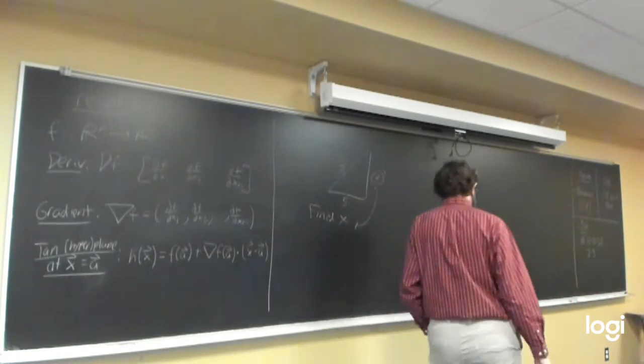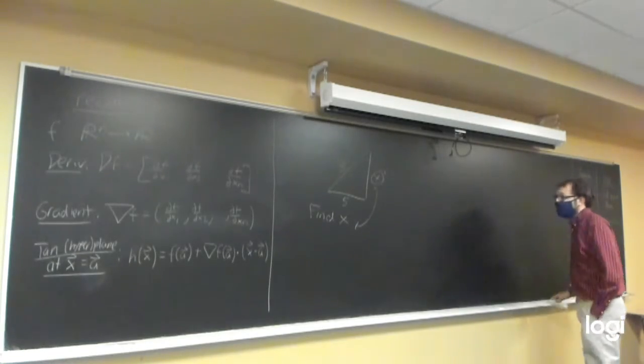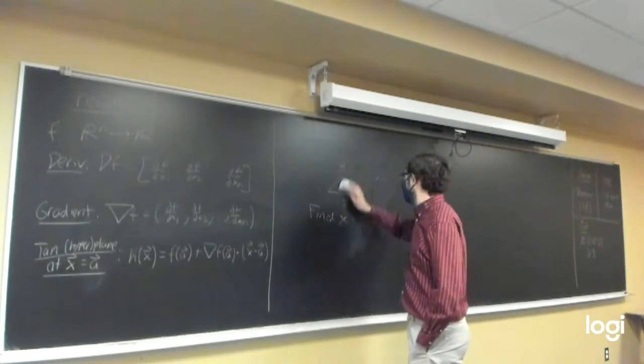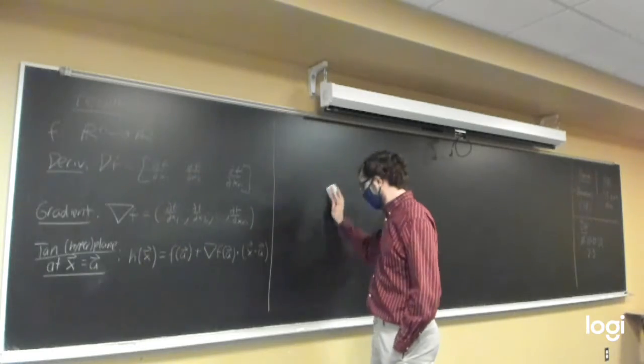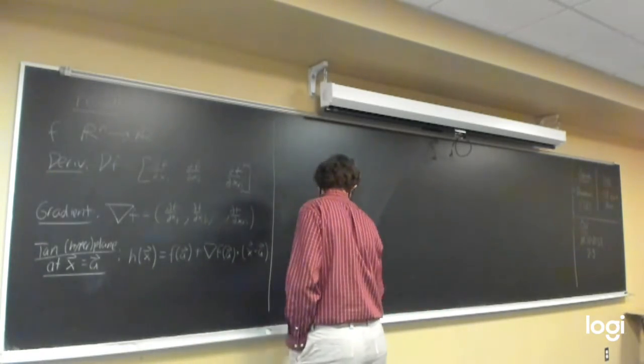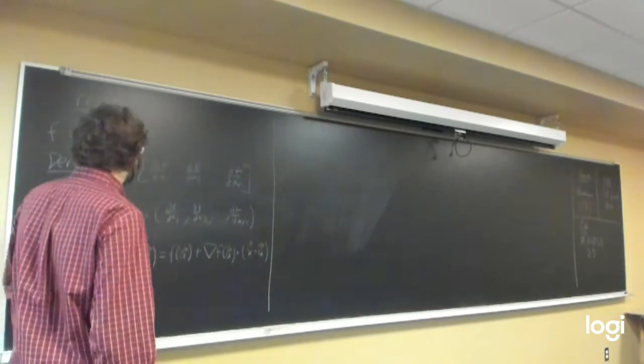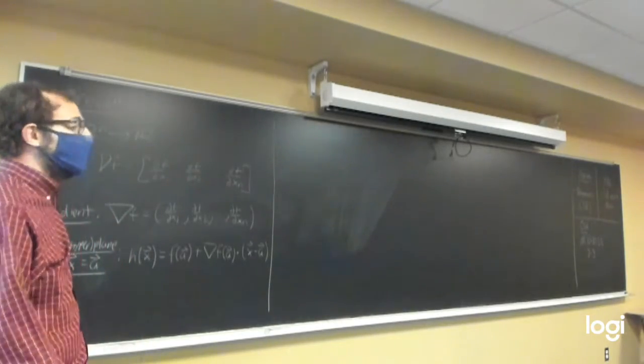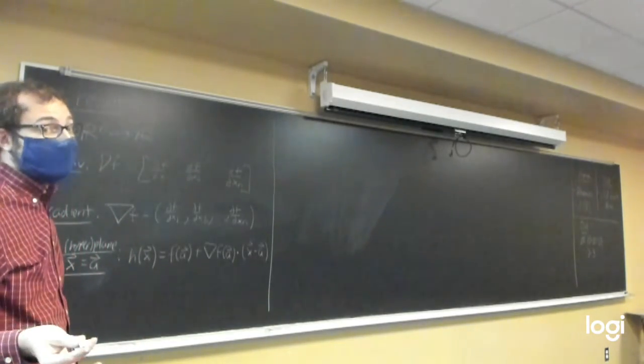Alrighty, so last class we defined what it means to take a derivative of a function f going from Rn to some R. And we said the general idea is that you can't take the derivative with respect to all the different variables at the same time.